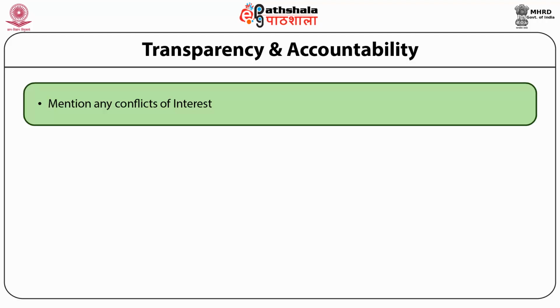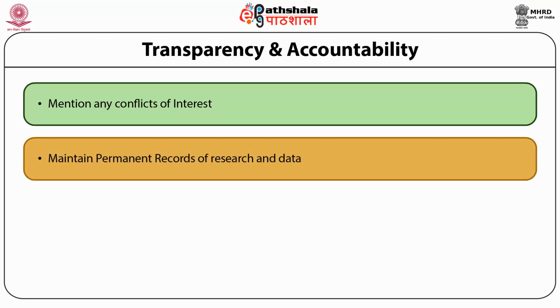It is also important that the principal investigator maintains permanent records of research and data, and those permanent records should be available for 2 decades after the research. They should be documented and stored nicely, so that other investigators can retrieve those records and see the data.